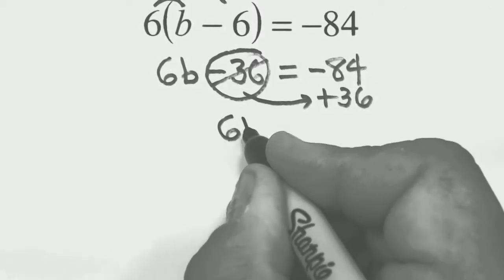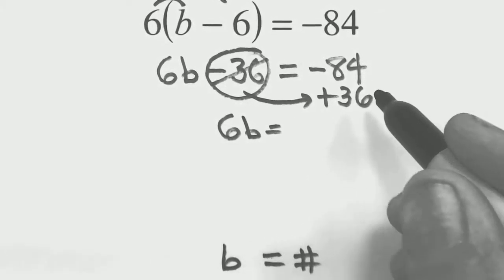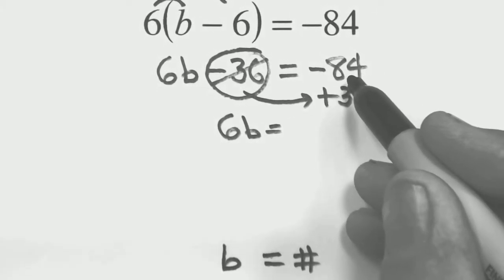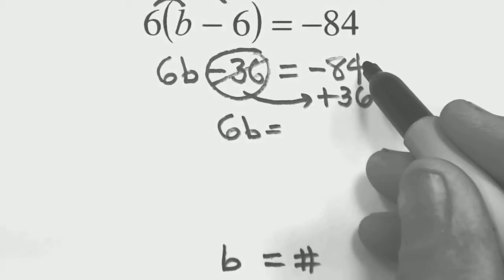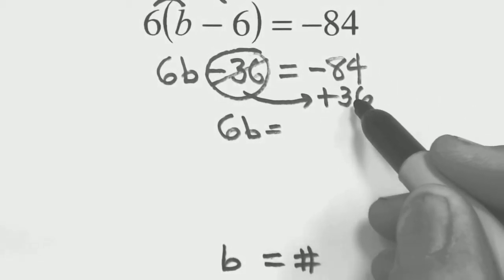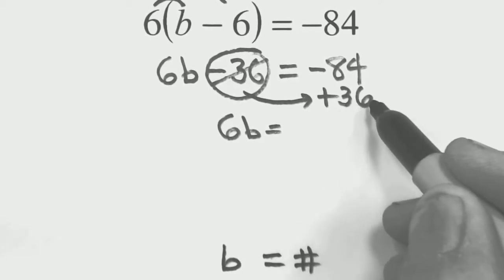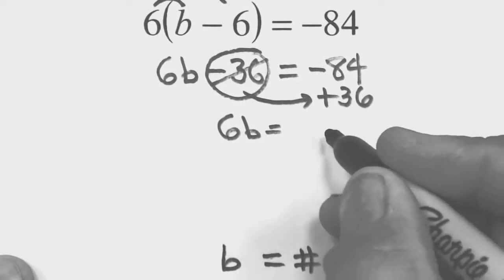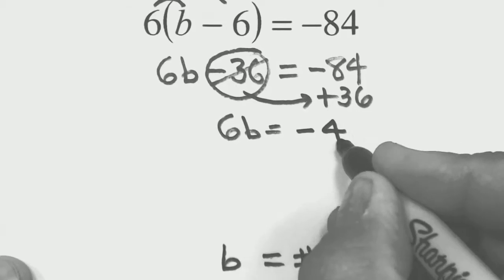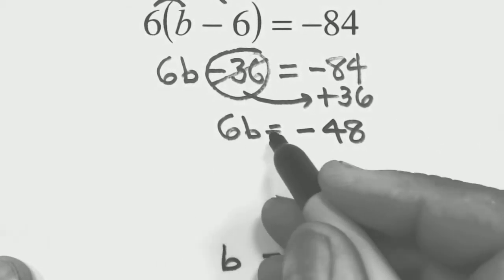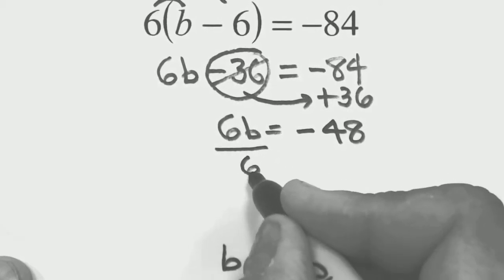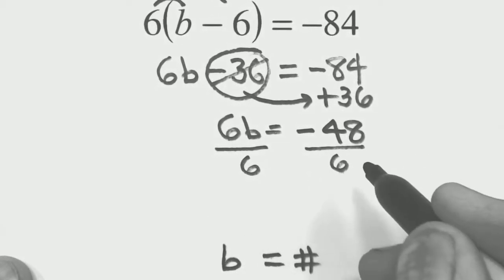So we've got a total of 6b equals, well, negative is going to win here, and it's going to win by, let's see, what's it going to be here? I think 48, yeah, 48, so negative wins by 48. And now, since I have 6 times b, I've got to divide both sides by 6. Let's do that.